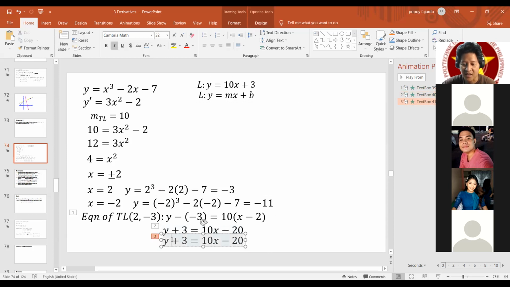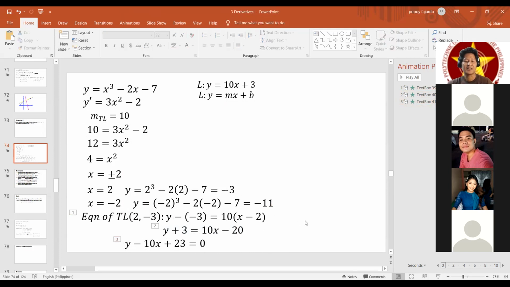So this becomes minus 10x, sorry, 10x, and then plus 23. And this will be equal to 0. And then hindi pa pala tayo tapos. Ito pa lang yung isa sa tangent lines. How about the other one?